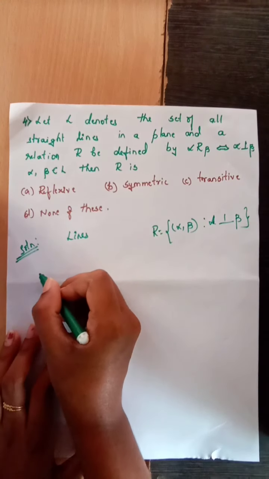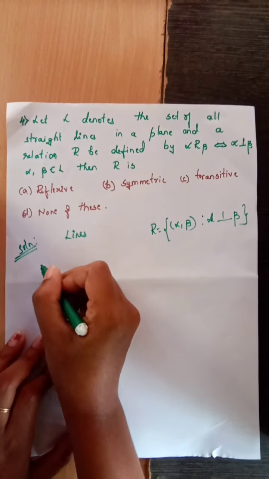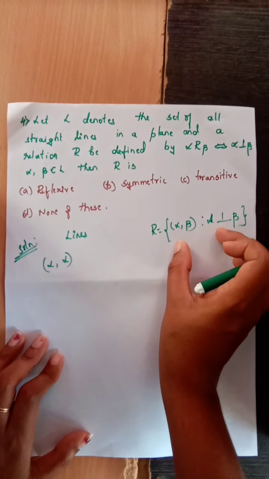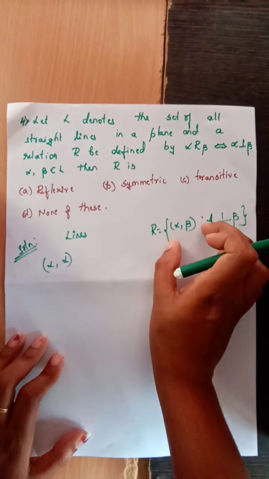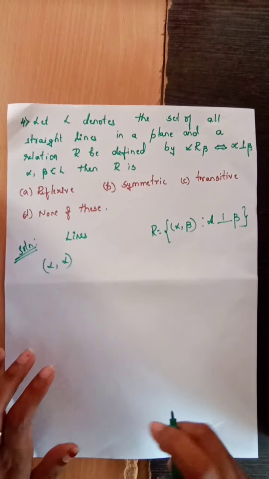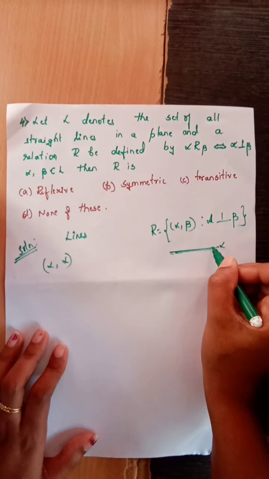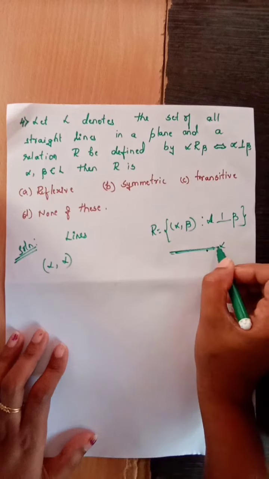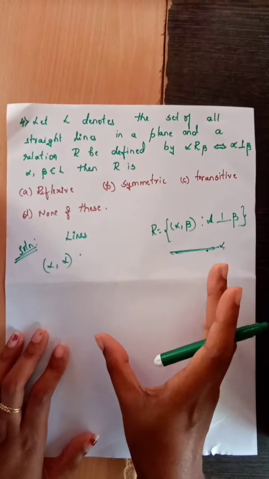To check for reflexive, it means the ordered pair of the same line, that is alpha comma alpha, whether it belongs to our given relation, because our relation contains only those lines which are perpendicular to each other. Whether the same line alpha is perpendicular to itself, no, it is always parallel, it is in the same line. So the given relation is not reflexive.